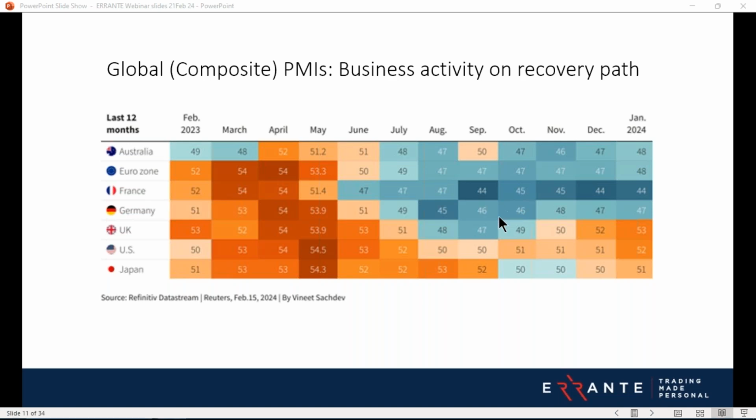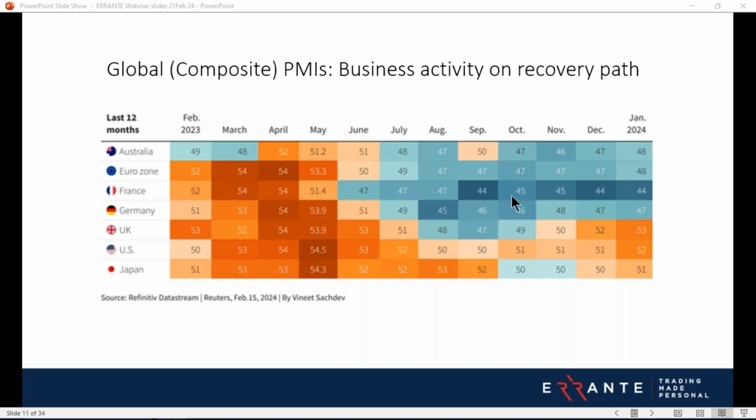It's that boom bust level: above 50 expansion, below 50 contraction. So you could see economies were looking good, but then moving through last summer, we had a dip, especially in the Eurozone. You can see it down to 47 in the Eurozone composite, the joint services and manufacturing numbers combined. France and Germany went down to 44 or 46, 45 even for Germany, 44 for France.